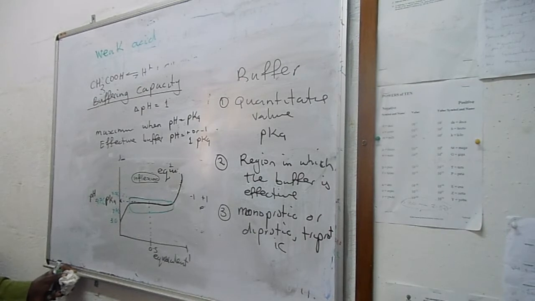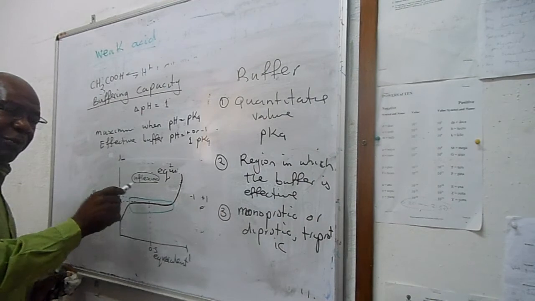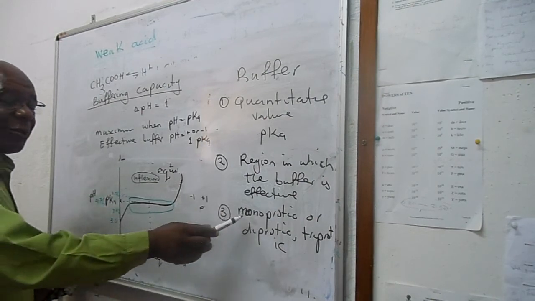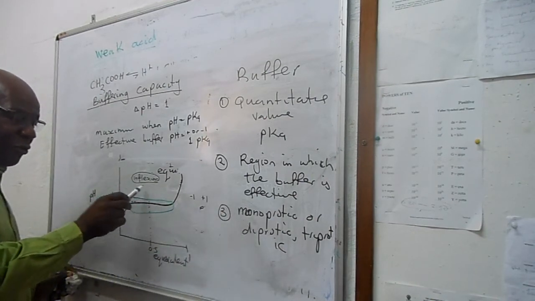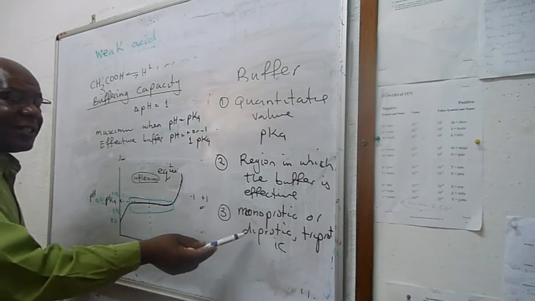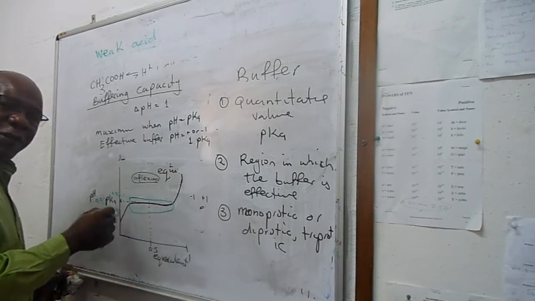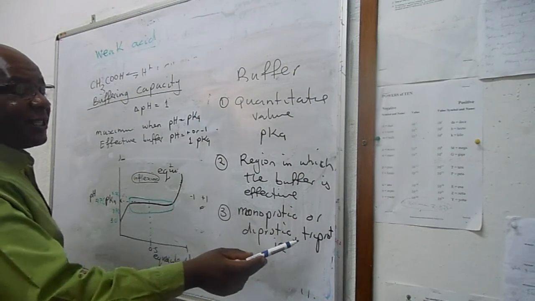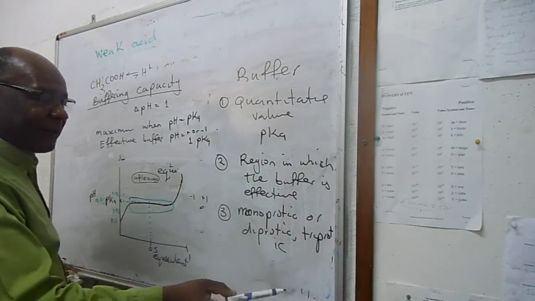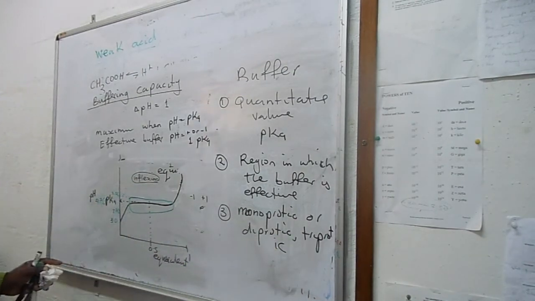How do you get the basicity? If you have one inflection point, then the acid is monoprotic. If you have 2 inflection points, then it is diprotic. If you have 3 inflection points, then it is triprotic. So from the titration curve, we can deduce whether an acid is monoprotic, diprotic or triprotic.